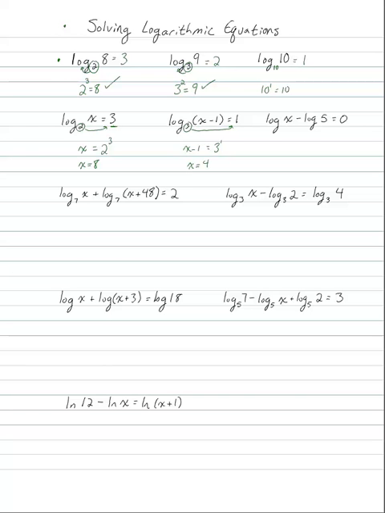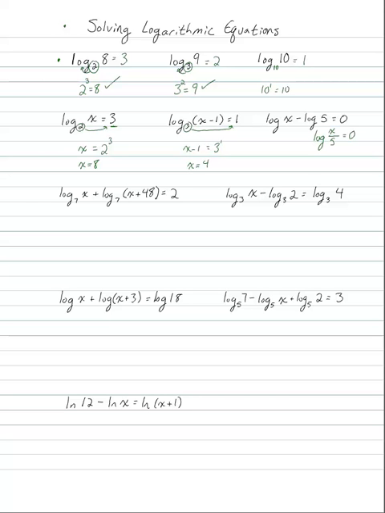Add my 1 over. If I have something like this, log of x minus log of 5 equals 0, currently I've got 2 logs. In order to solve this, I'm going to need a single log. Well, we know how to write this as a single log. To write as a single log, I write the log with a fraction bar. Anything positive goes on top, so my x is going to go on top, and my 5 is going to go on bottom, and that's going to equal 0.